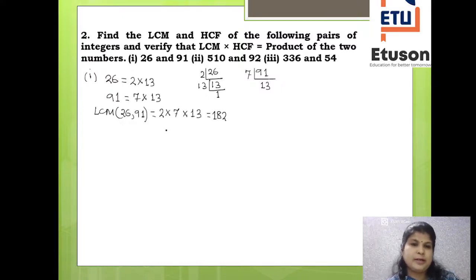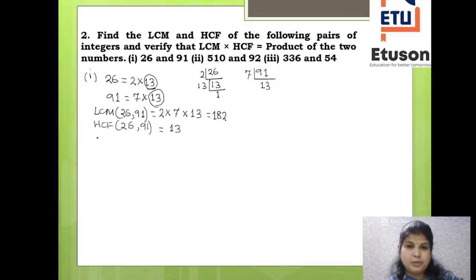So the LCM is 182. What about the HCF? 26 and 91 have one common factor, 13, and you take the lowest power of that, so the HCF is 13.